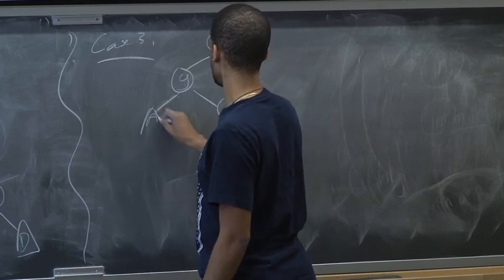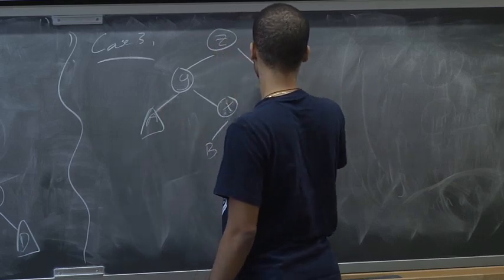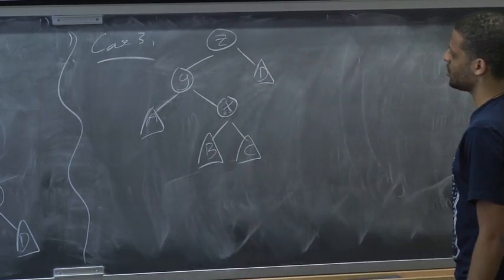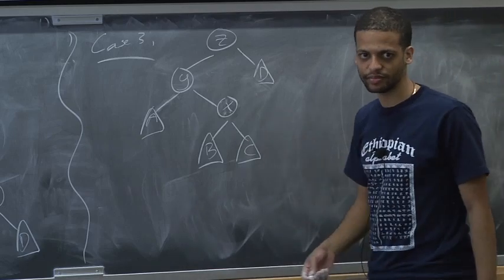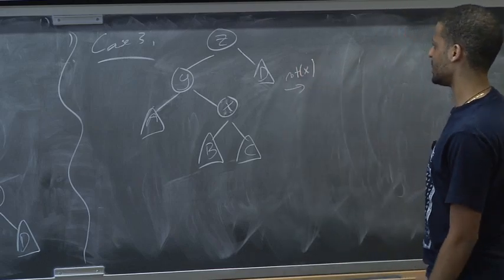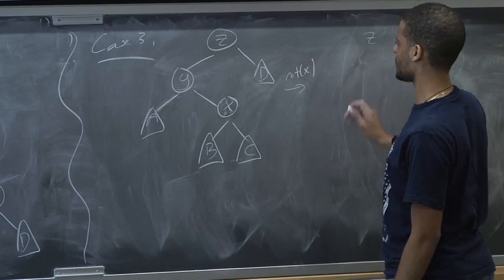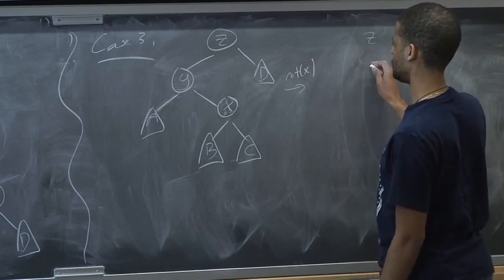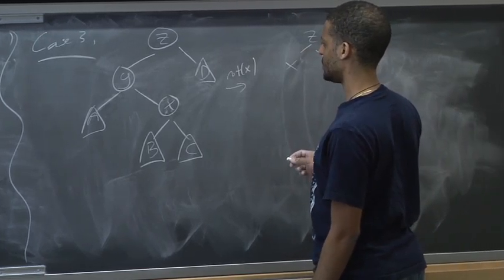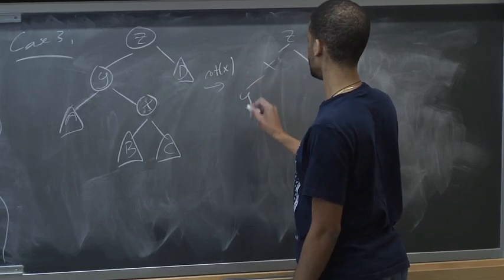So here we have A, B, C, D. So I said the first thing we do is we rotate x. We rotate x twice. So the first rotate x looks like z x, y is less than x, so here.